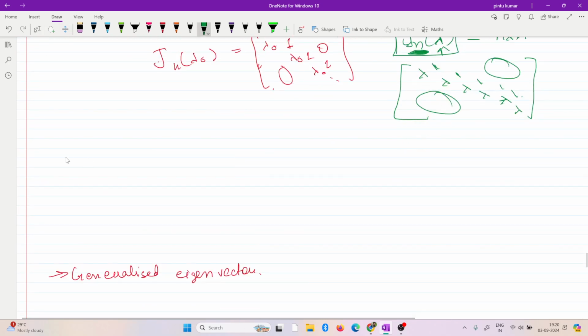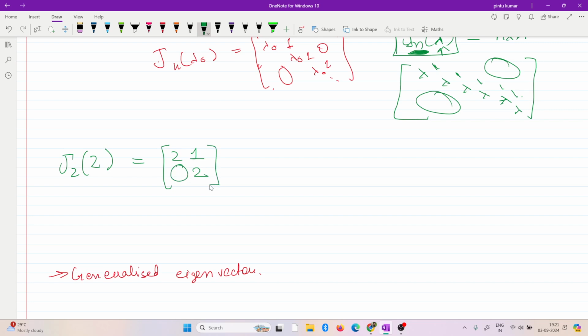For example, if somebody asks you to write the Jordan block of size 2 for eigenvalue, let's say 2, that matrix would look like 2, 2, 1 on the off diagonal, and everything else is 0. Let's say somebody gives you J3 of 1, right? This would look like 1 on the diagonal, then 1 on the super diagonal, 0 elsewhere. This is how your Jordan blocks look.